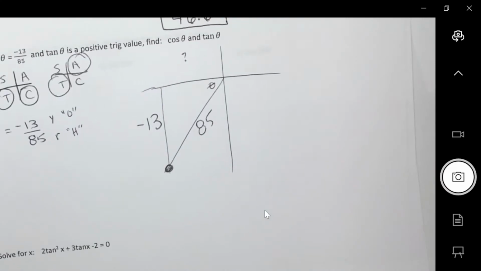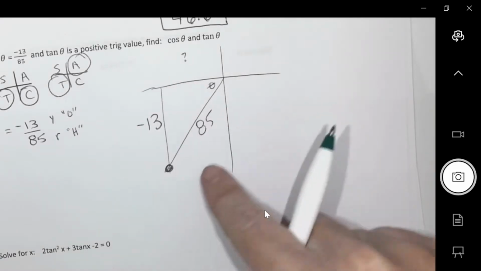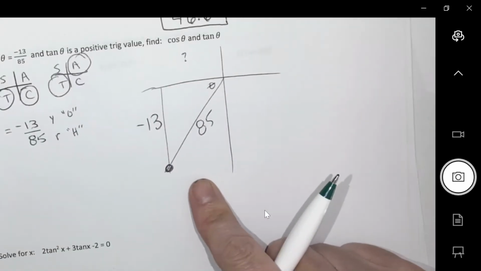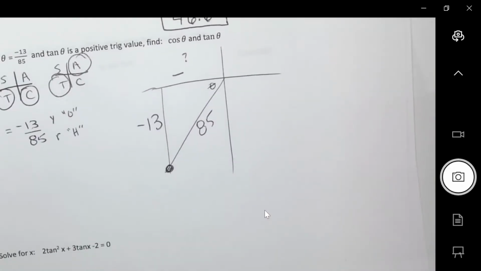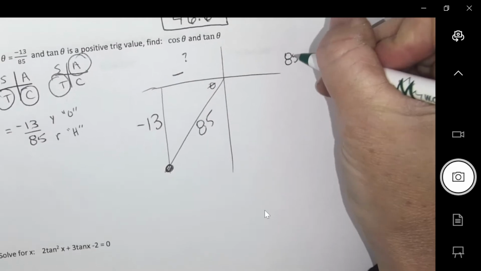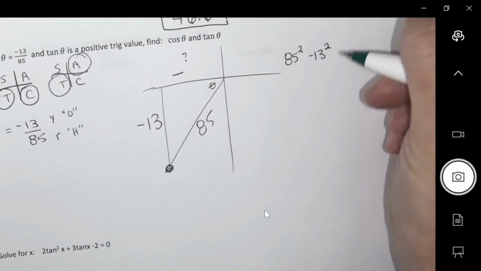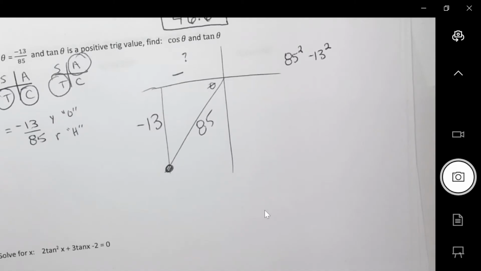Okay, I'm going to solve for x here. What do I know about the x value according to its location? What do you know about coordinates in this quadrant? What's the x value, positive or negative? Negative. Okay, so I do know that. When I do the math on this unit, do you remember my rule? Don't do the math with negatives. Put the negatives in locations. So I'm going to do 85 squared minus 13 squared because I'm getting a shorter side.